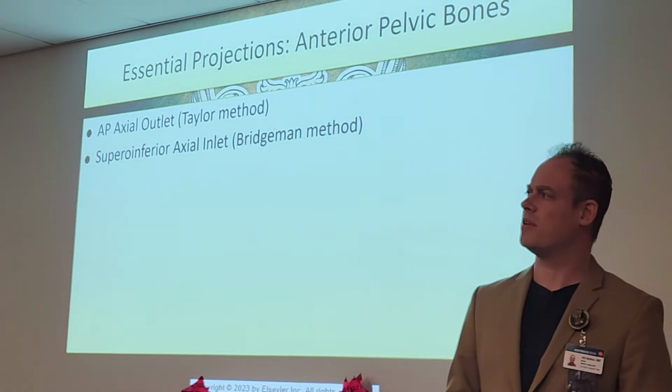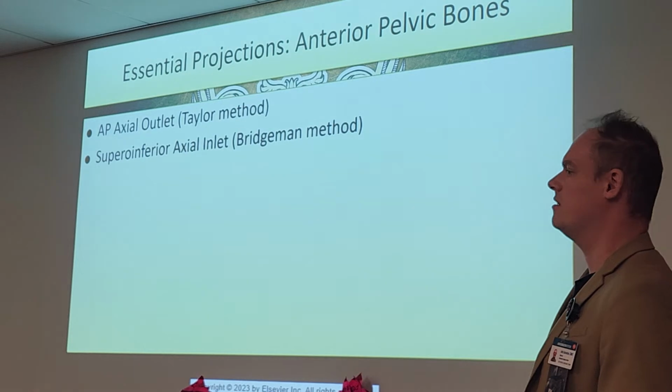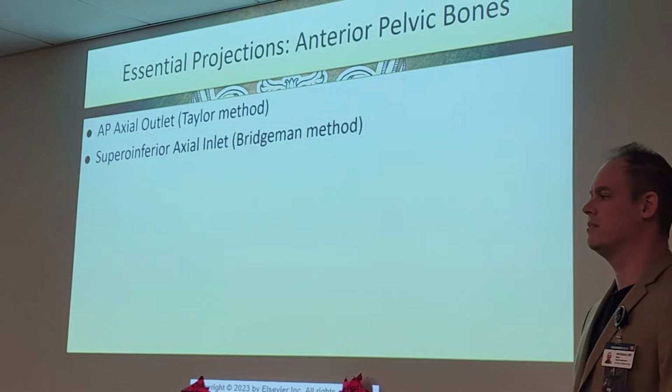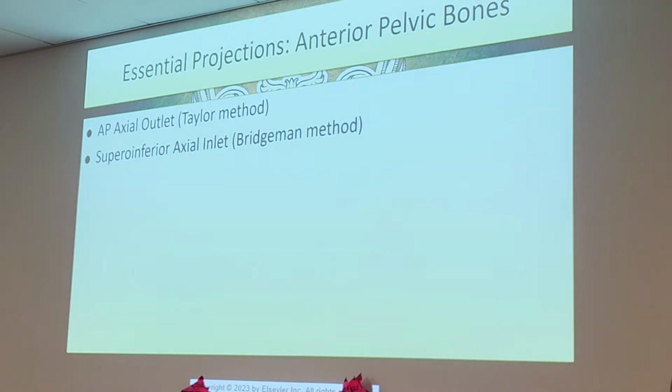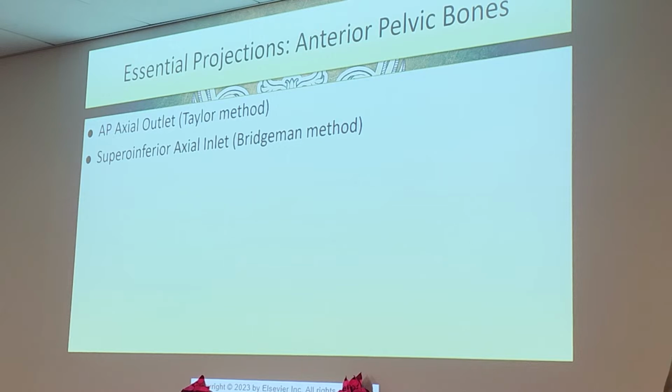I think they do these at Ben Top sometimes as well. Pretty rare, but they do come in. So obviously, the word axial is going to mean what? Angulation. So we're going to be stretching out those specific areas that we want to visualize. AP axial outlet, we're stretching out the outlet area. Inlet, we're stretching out that inlet portion.